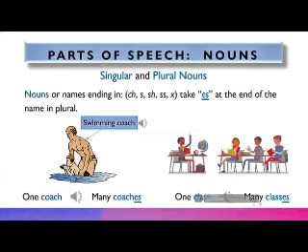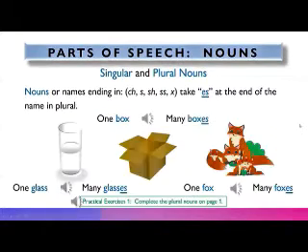One class, many classes. Parts of speech, nouns, singular and plural nouns. Nouns or names ending in ch, s, sh, s, or x take es at the end of the name in plural.